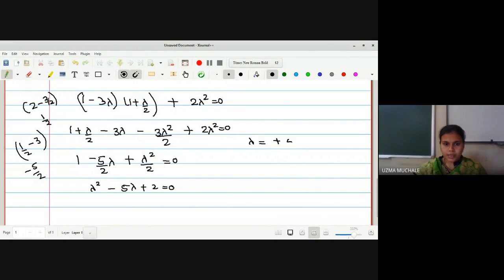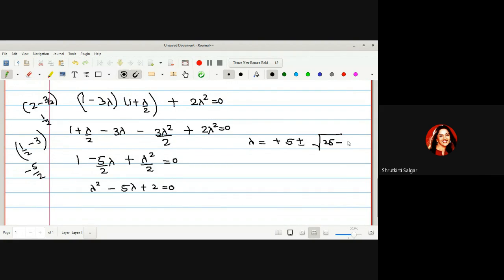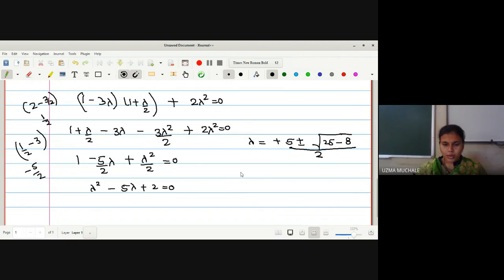Minus b means it will be plus 5, plus or minus square root of b square, that is 25, minus 4ac, that is 8, upon 2a, divided by 2. So 25 minus 8 is 17. It is under root 17 divided by 2.